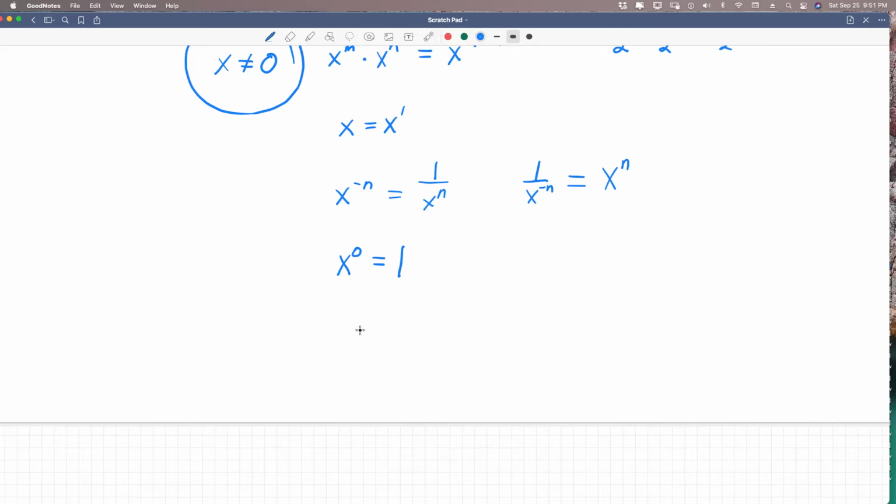This final rule just says that if you have x to the m over x to the n, then that equals x to the m minus n, and it also could equal 1 over x to the n minus m. If you see this, it's the same base, right?